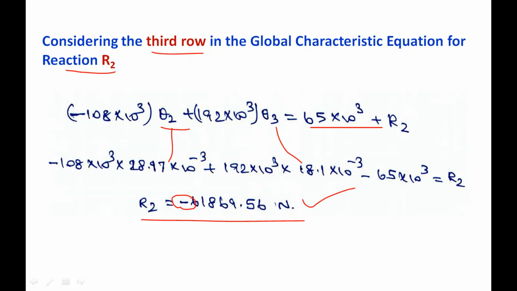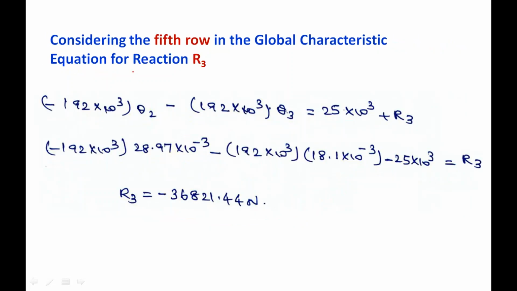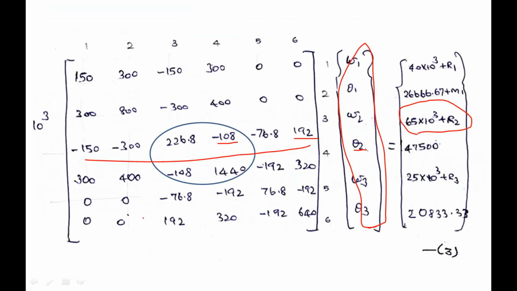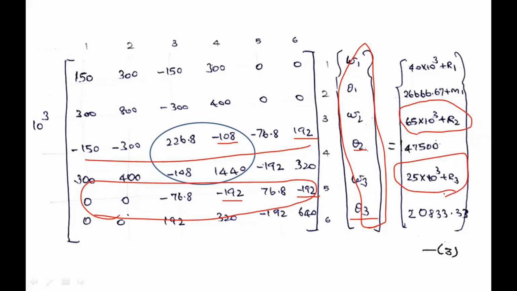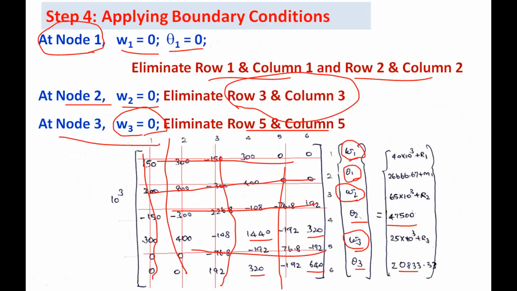Initially we assumed all the reaction forces as positive, so now it is acting opposite to the assumed direction. Similarly, to find the reaction at the roller support at node 3, R3, we have to consider the fifth row in the global characteristic equation. We multiply minus 192 with theta 2 and minus 192 with theta 3, and we get 25 into 10 power 3 plus R3.